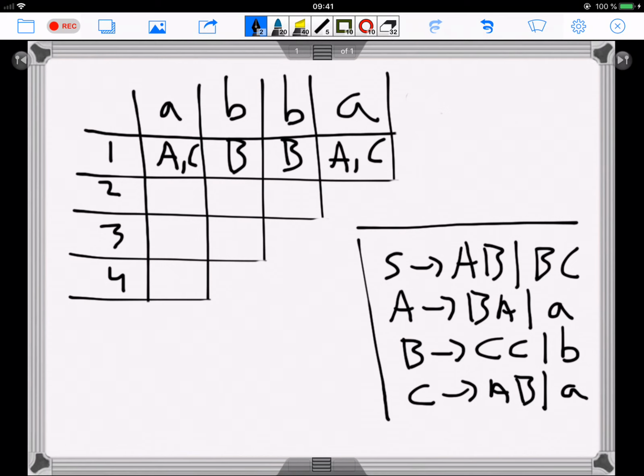Now in order to fill this cell, we need to consider this cell here and this cell here.